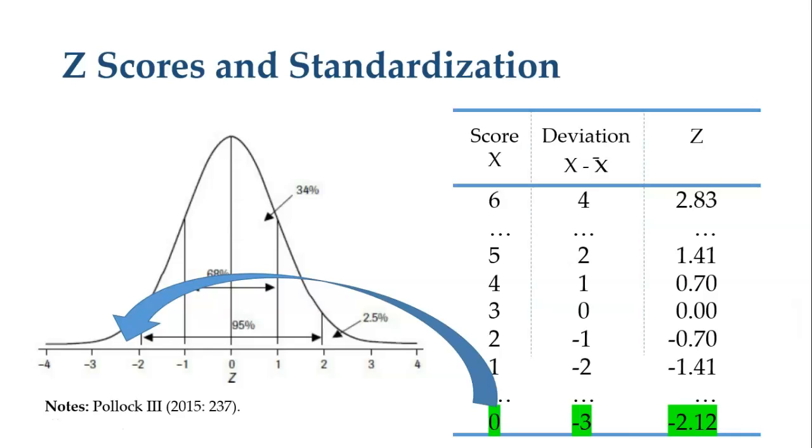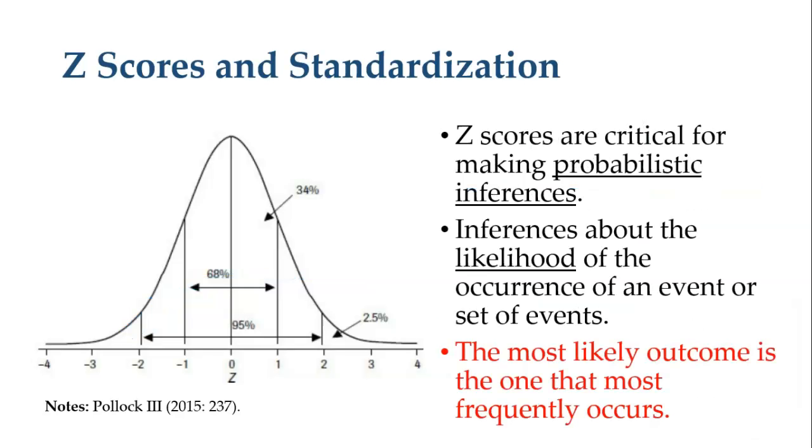If 0 is below the mean of the C score, this standardization, at about 2 points of C value below the mean, which is here, what can we say about this kind of value? It is very unlikely to occur according to this sample. I hope this makes sense, but it's very important that you learn and understand this basic concept, okay? So again, the most likely outcome is the one that most frequently occurs.